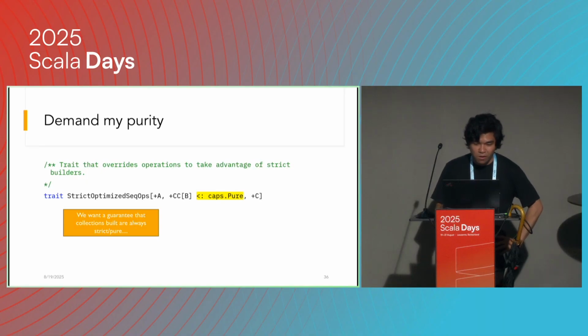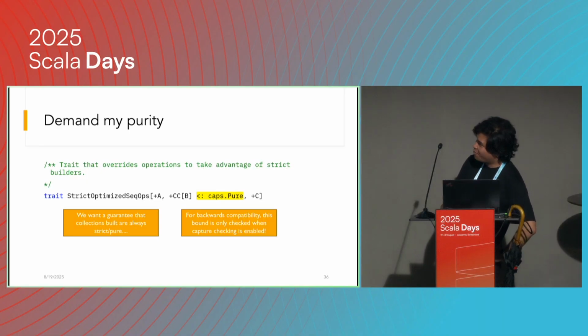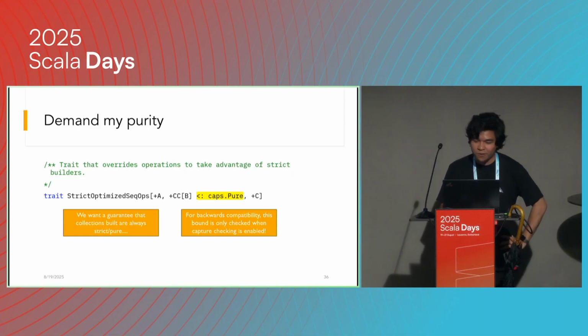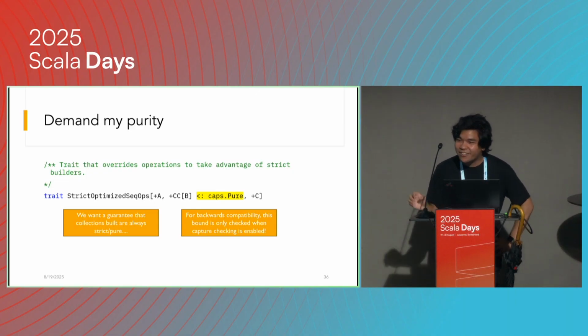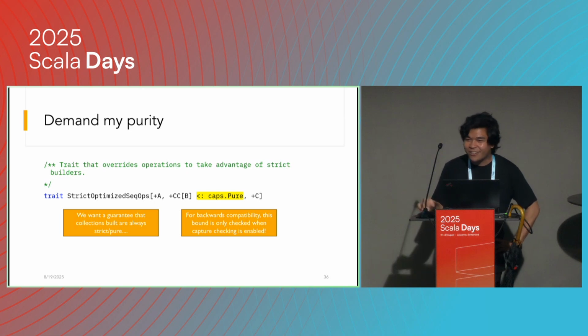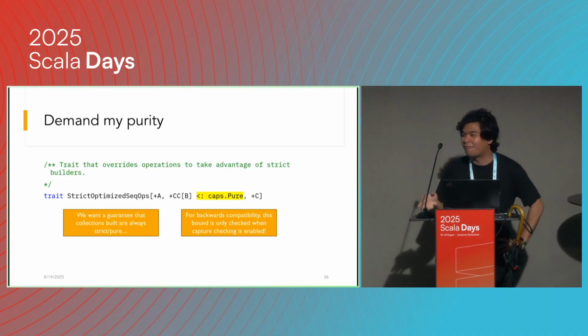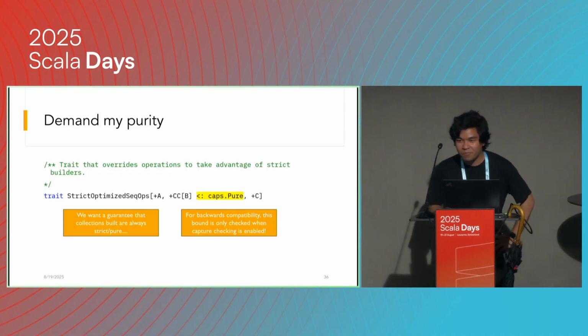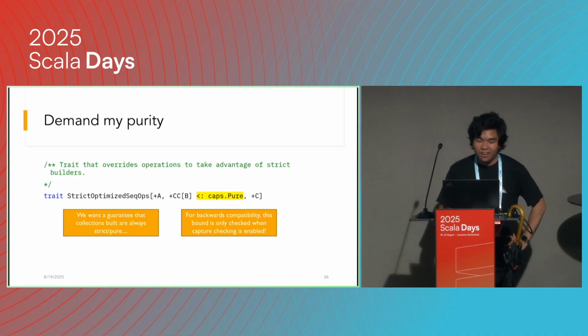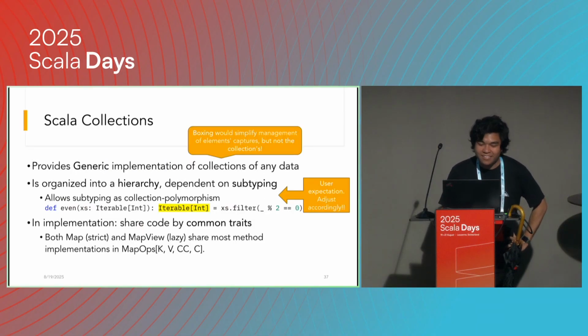And for backwards compatibility, we also turn off this bound when capture checking is turned off, which is, well, a little bit unfortunate because now your existing code, if you do try to extend StrictOptimizedSeqOps where your Seq is a LazyList copycat, then you're doomed. But you have always been doomed from the beginning. Yes.